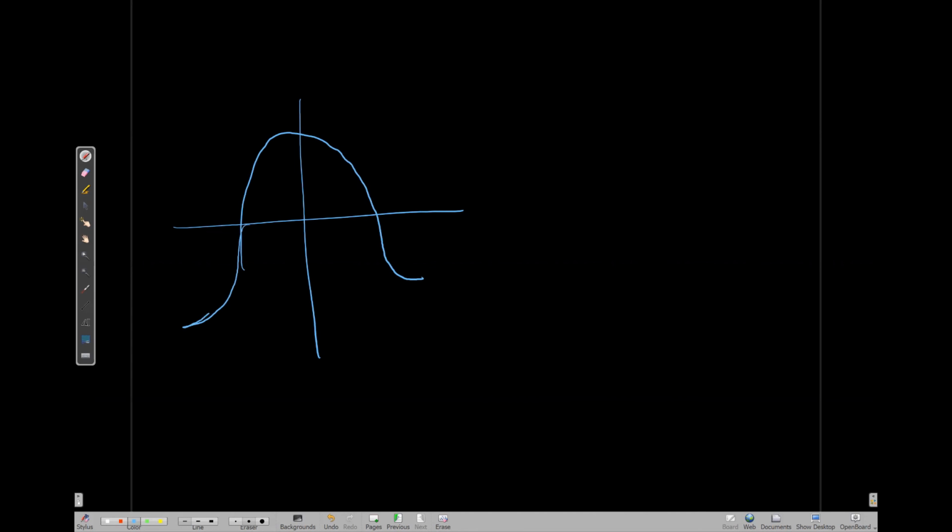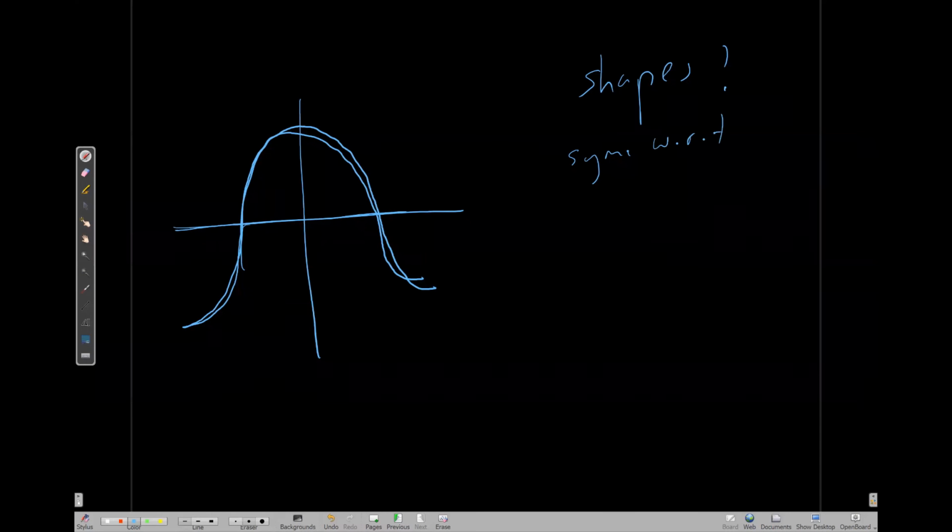Is it symmetric with respect to both? No, right? When you take the mirror image, that's not. Can you think about shapes that are symmetric with respect to both x and y axis?